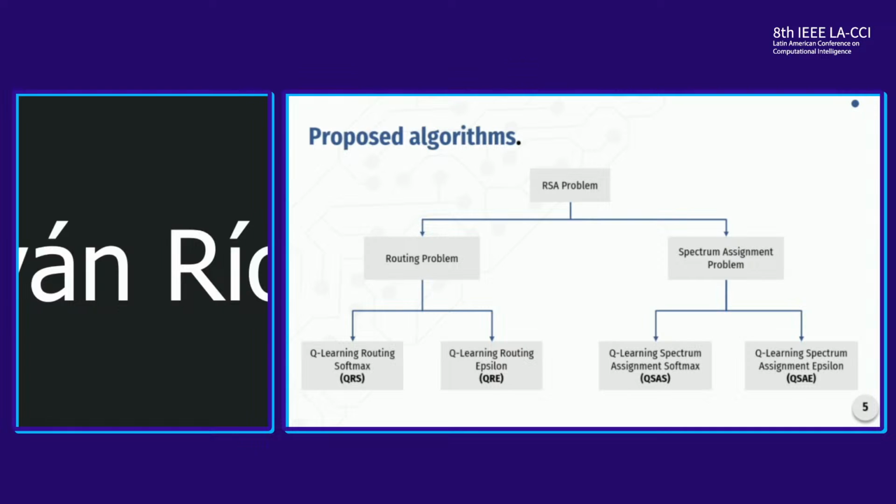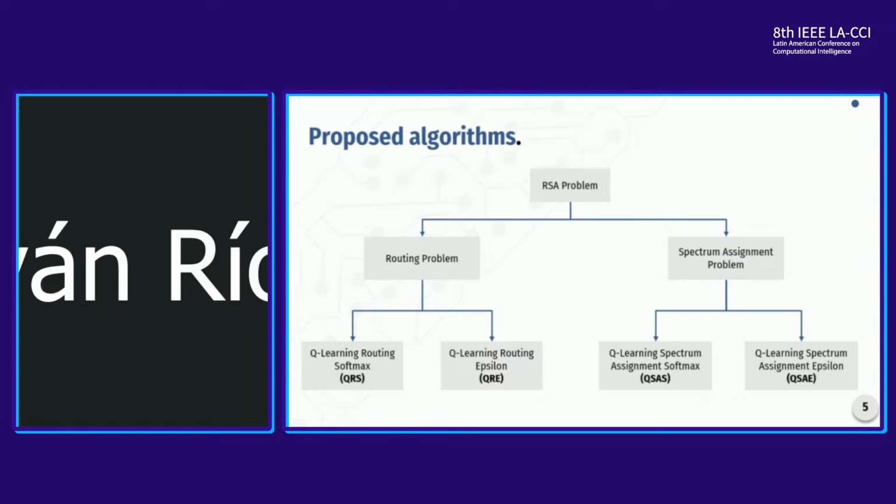As we mentioned earlier, these two techniques, epsilon greedy and softmax, are responsible for making decisions. The epsilon greedy uses a number epsilon between 0 and 1 as a scheme parameter to decide what action to take.